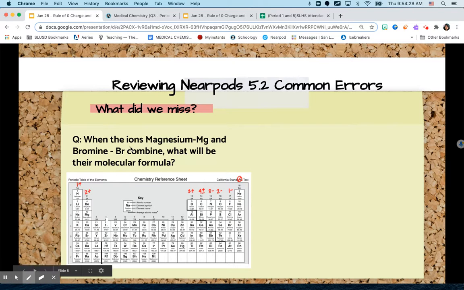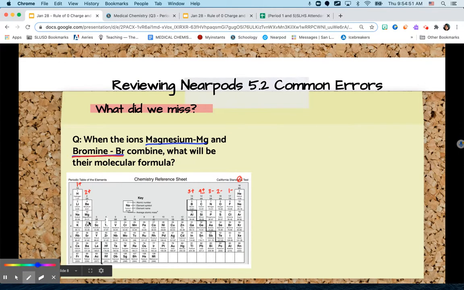Another common error I noticed was in Nearpod lesson 5.2. We're talking about when two atoms or ions combine. Here I have magnesium, Mg, and bromine. Let me show bromine in a different color. When these two combine, what will be their molecular formula?